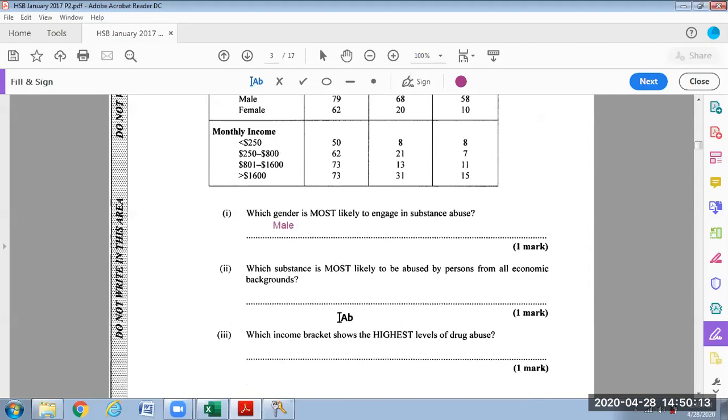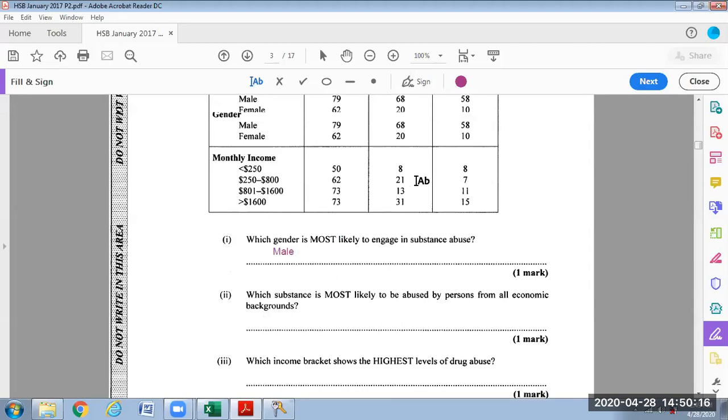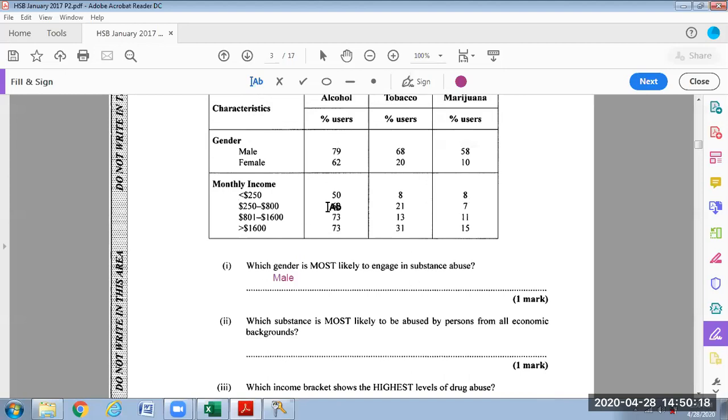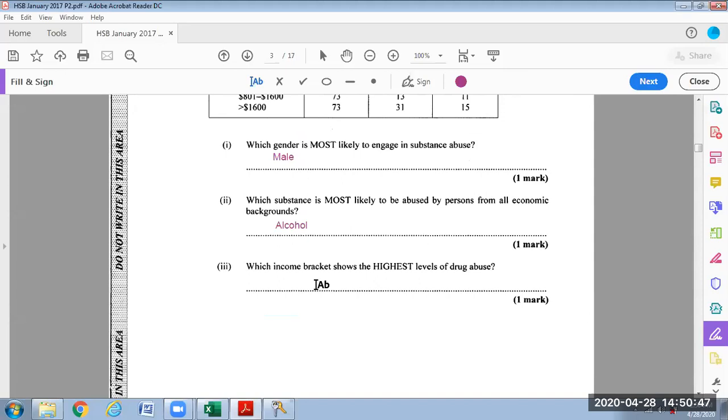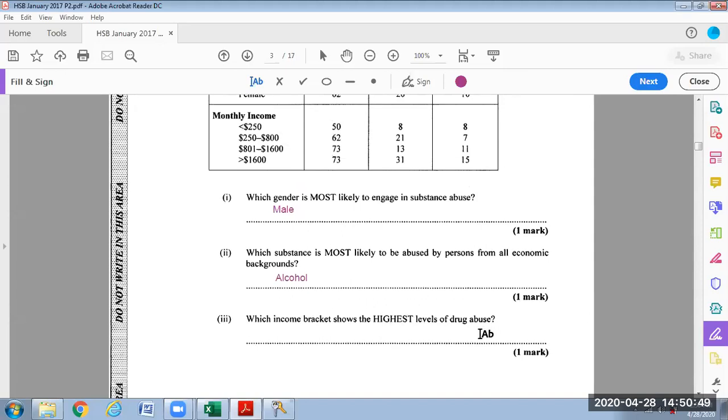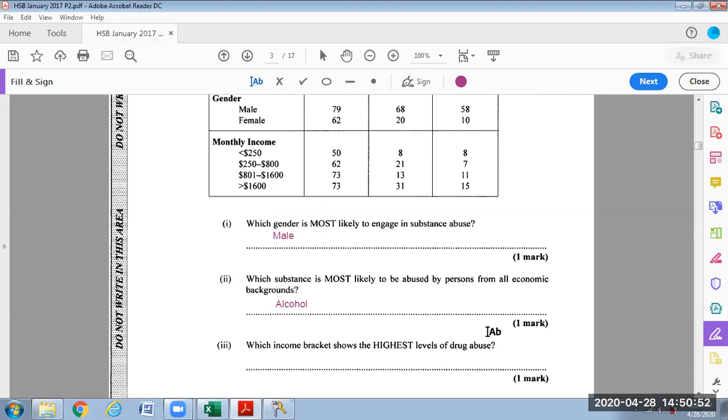Which substance is most likely to be abused by persons from all economic backgrounds? So we're looking for a figure that's close in all of them. Let's see. 73, 31, 15. Okay, so you all said alcohol, because in all economic backgrounds, all monthly incomes, it had the highest figure. That's correct. Which income bracket shows the highest levels of drug abuse?